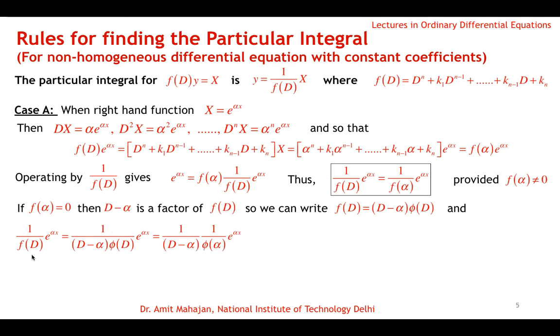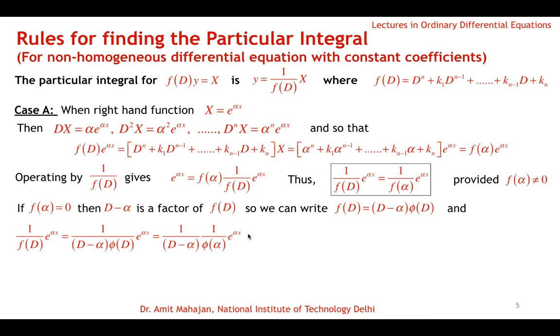So 1 by the operator on exponential is 1 over this operator on exponential, and if phi(D) is non-zero, then the same rule applies. So I can write here phi of alpha, that means D is substituted as alpha here. Now 1 by phi alpha is a constant, it goes outside, and it will be 1 by D minus alpha on exponential.